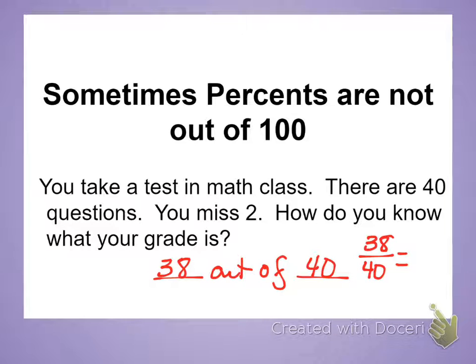I got 1.052. You did it backwards. Do it the other way. Remember, put the top number in first. I got 0.95. So that's 0.95 as a decimal. What's that as a percent? 95. You gonna tell me you don't have a calculator? Yeah. Find one. They're everywhere. So it's 95%. So your grade is a 95.